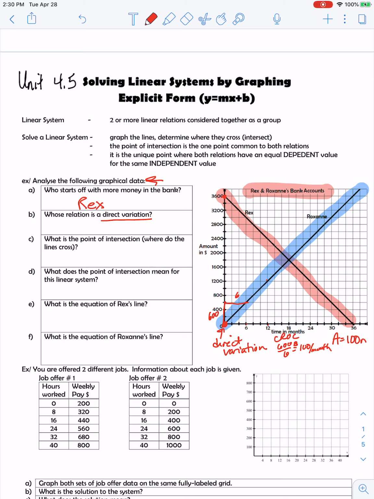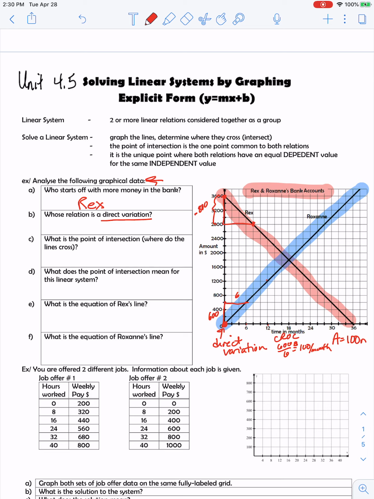This is what we call direct variation, because how much is in her account is always just the same multiple. However, with Rex, there is a rate of change, so let's see what he's doing. Pick any 2 points on the graph. From 3,600 down to 2,800, that is a drop of 800.